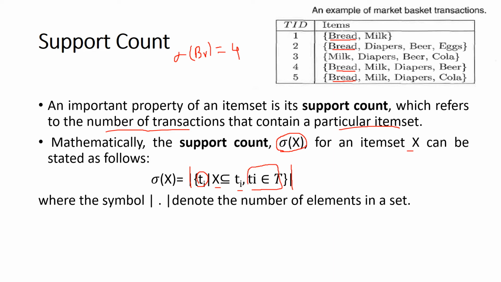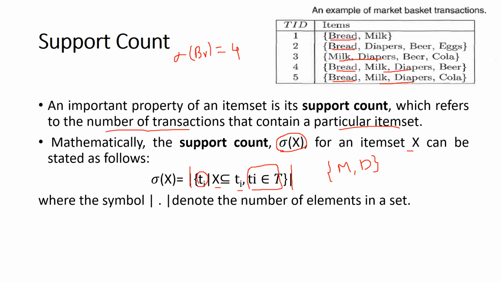Now let us look at an example. Let us look at the support count for the item set milk and diaper. Milk and diaper is found in transaction number 3, number 4, and number 5.